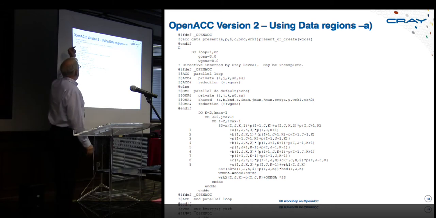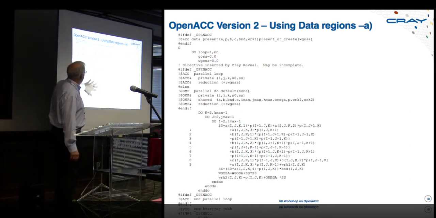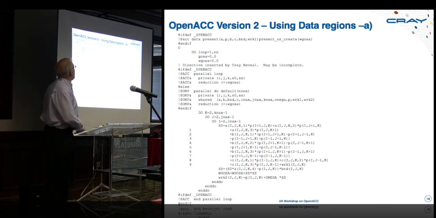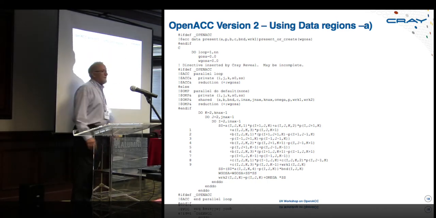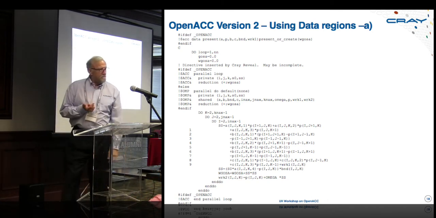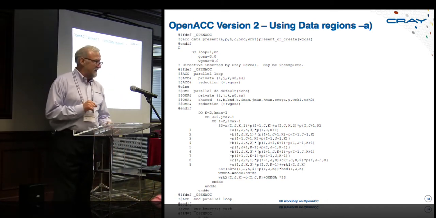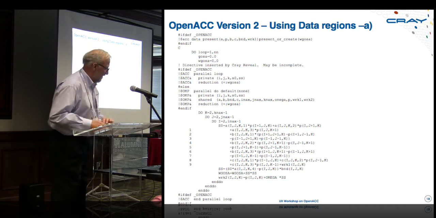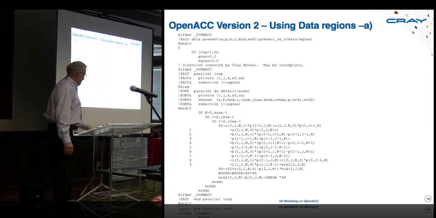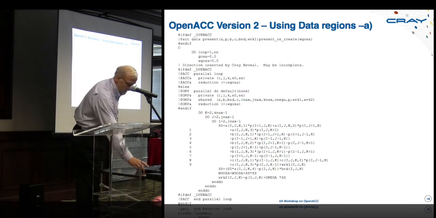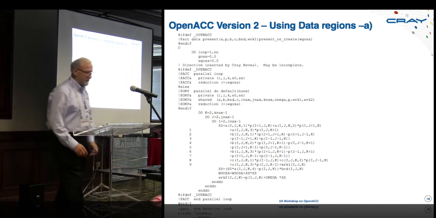Now when I come into this routine that has this major kernel, all of these arrays are present. In this, I'm going to create it on the accelerator if it isn't present. So this kernel is pretty much the same, but now I have to deal with this.